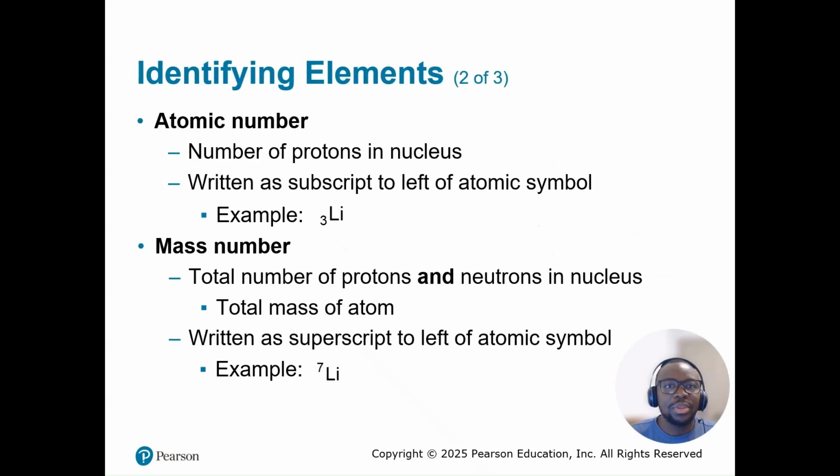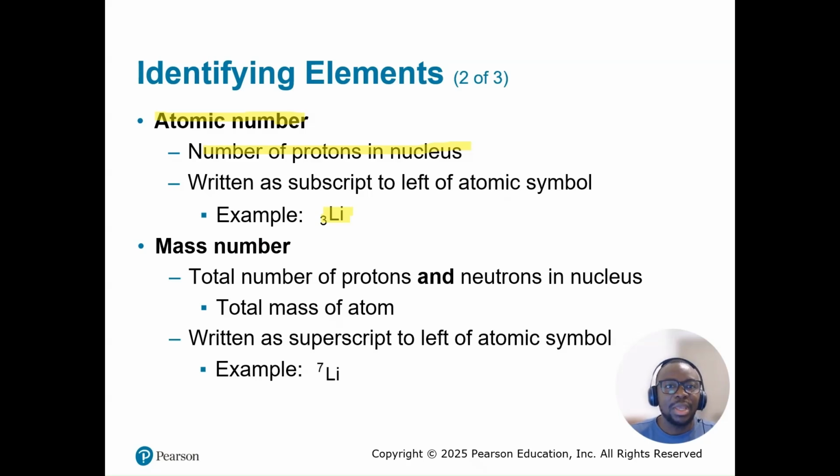Now let's review what these identifying properties are. We start with atomic number. Atomic number is equal to the number of protons in the nucleus of an atom. The atomic number is written as a subscript in front of the atomic symbol. Because the number of protons is always equal to the number of electrons in an atom, the atomic number indirectly tells us the number of electrons in that atom.